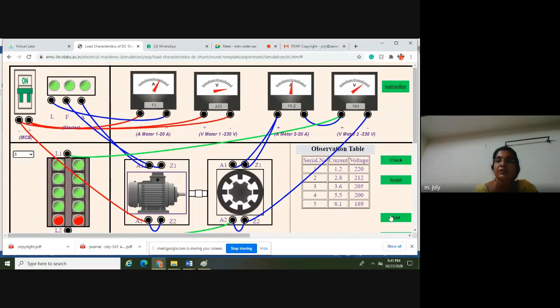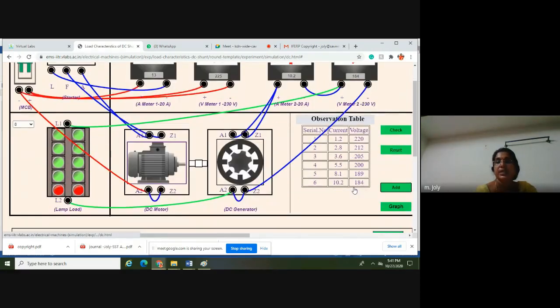You can do it continuously also, according to your wish. So I have got this table with this many lamps glowing.